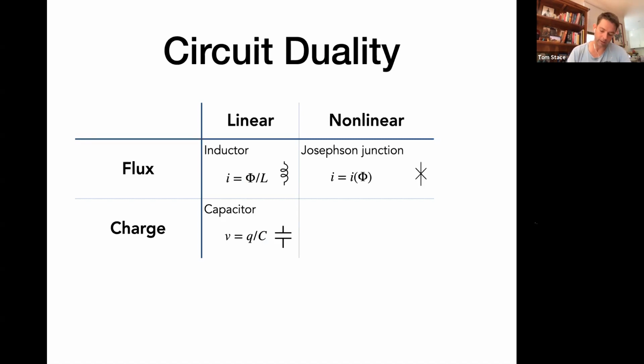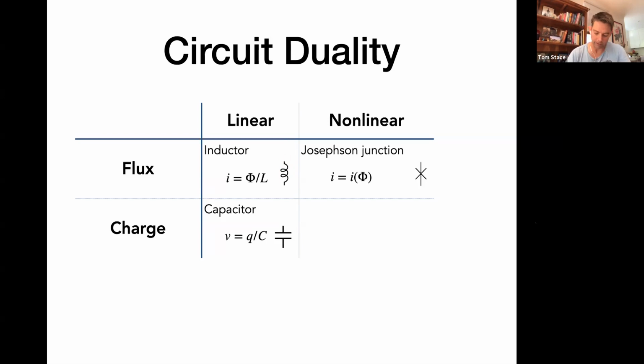So there's two that you're extremely familiar with if you've ever thought about electronics or electrical circuits, which are linear elements that respond to either the flux or the charge. And those elements have names. So there's an inductor, which is a gadget whose current is proportional to the flux linking that gadget. There's a symbol for an inductor.